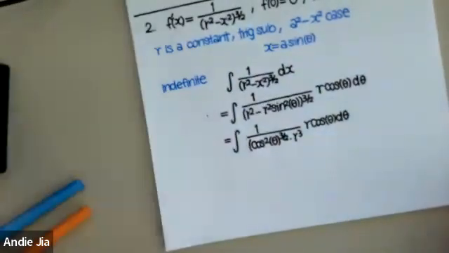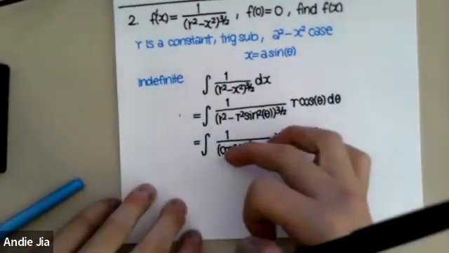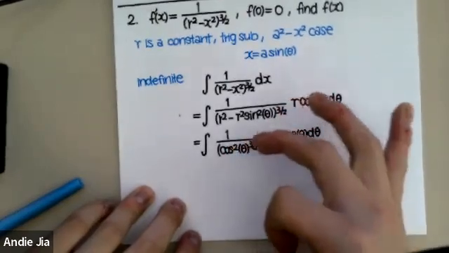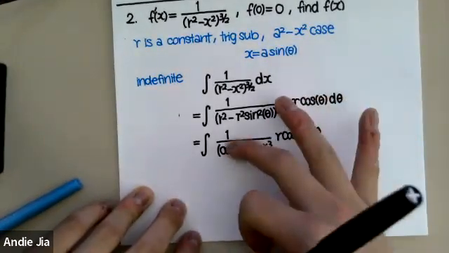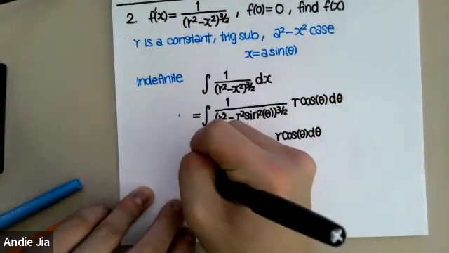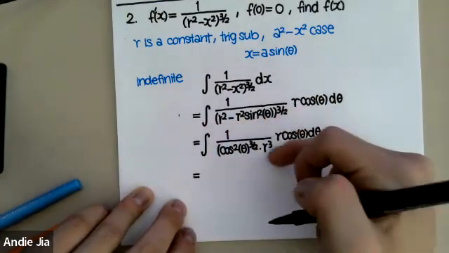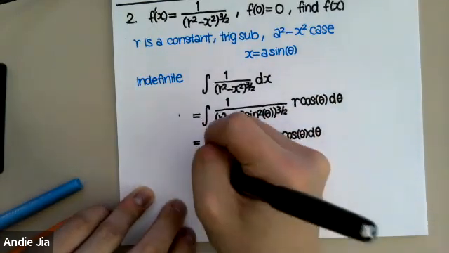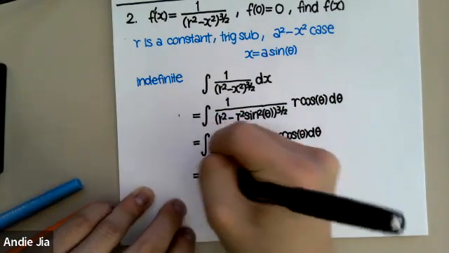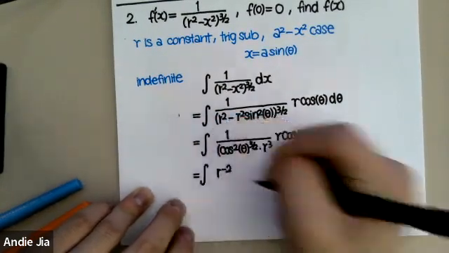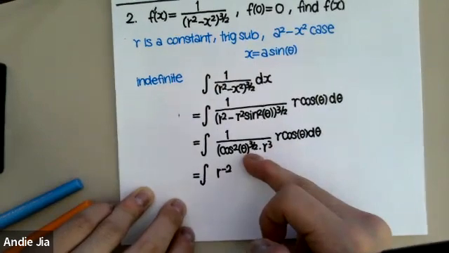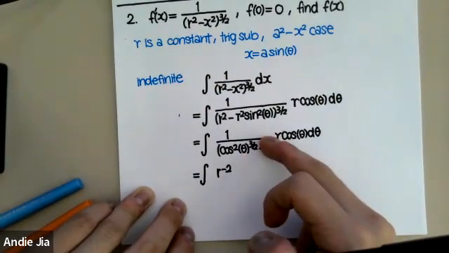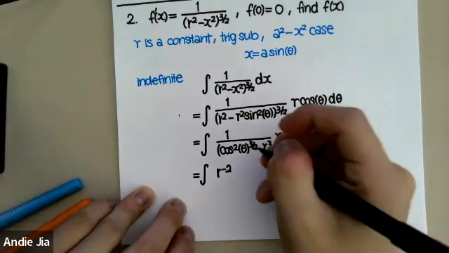And then we have cosine cubed, and the cosine. This is 1 over r squared, so it's going to be r to the negative 2, and 1 over cosine squared is secant squared.